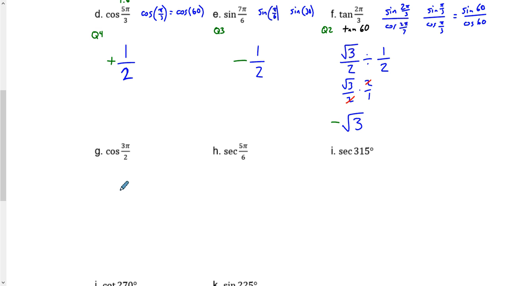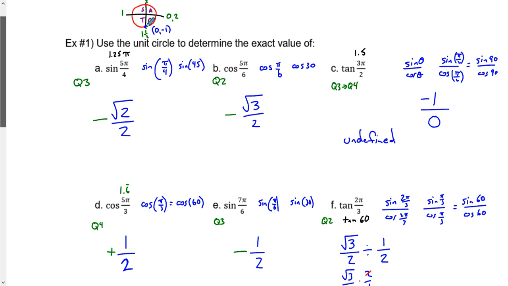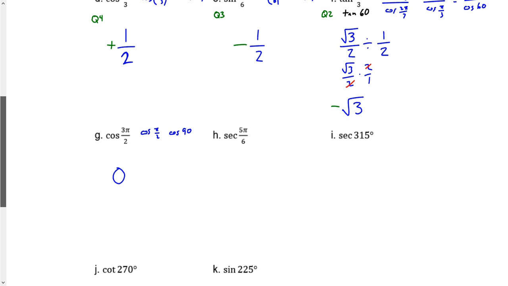Where did I get that? 3 pi over 2 is using the halves. Or, in other words, cosine of 90. But 3 pi over 2 is exactly 1.5. So down here, our cosine is 0. And obviously the number 0 doesn't need a positive, nor does it need a negative.